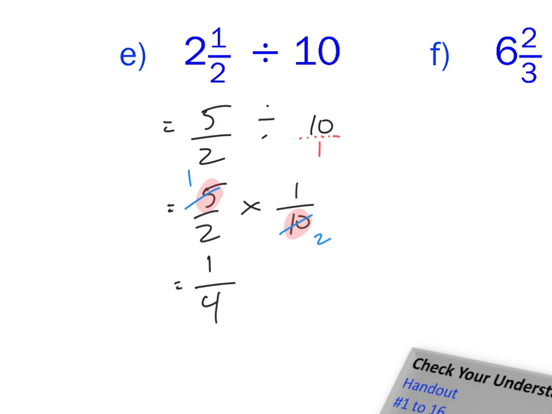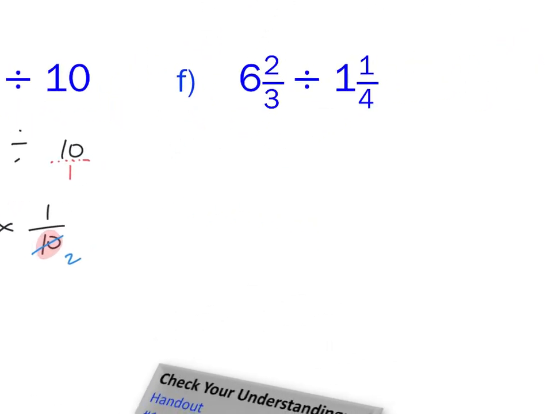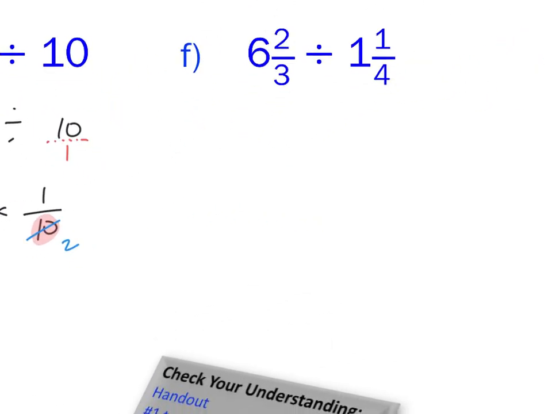And we've got one question left to do. 6 2/3 as an improper fraction. What do you have, Caden? 20 over 3. And what's 1 1/4 as an improper fraction? 5/4.